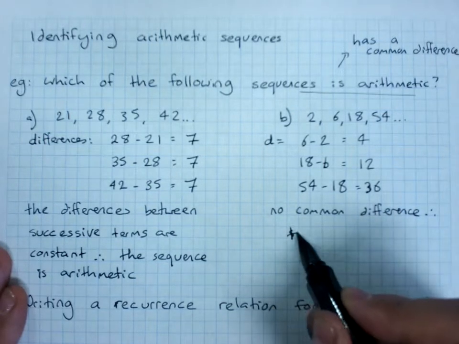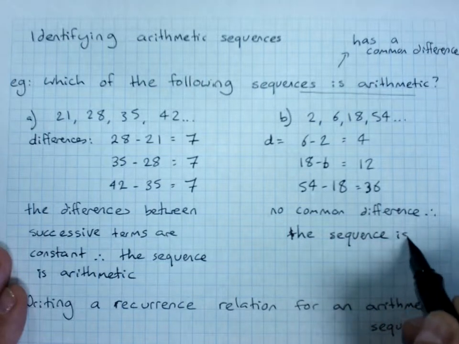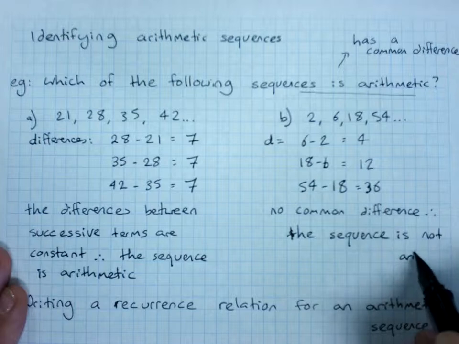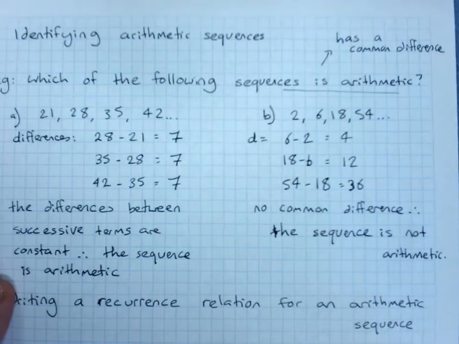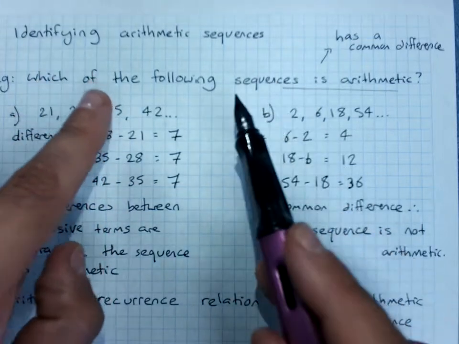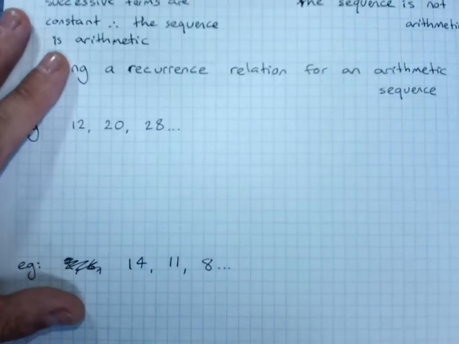Therefore, the sequence is not arithmetic. So, if we want to prove that it's arithmetic, show with working that there's a common difference.